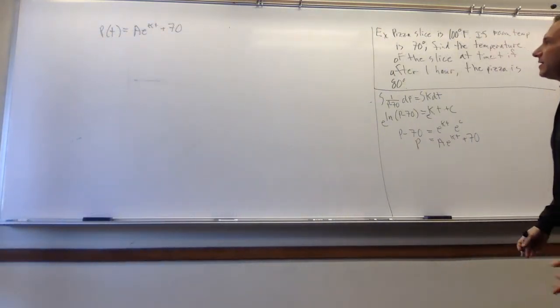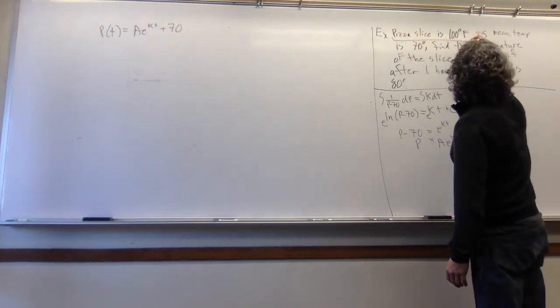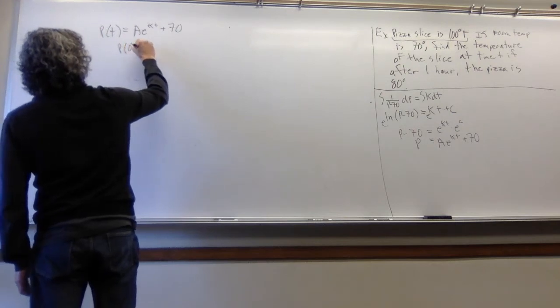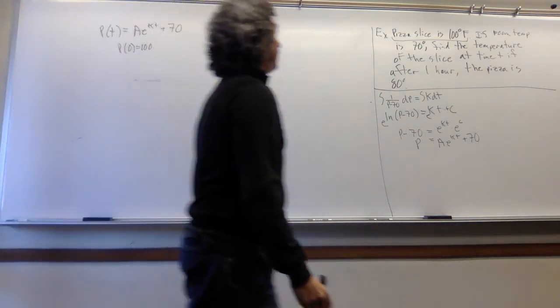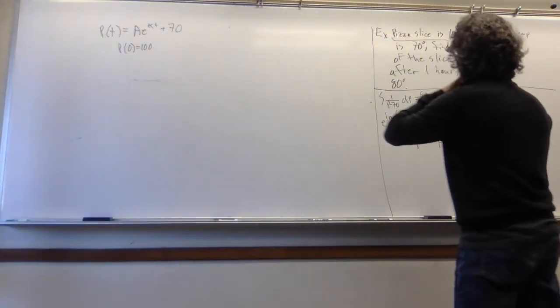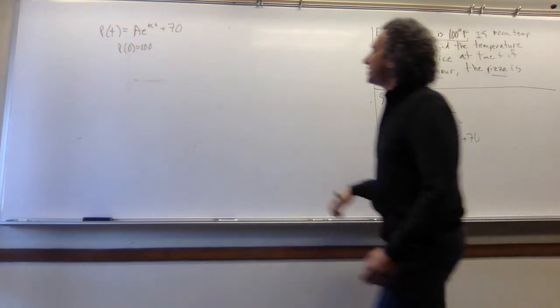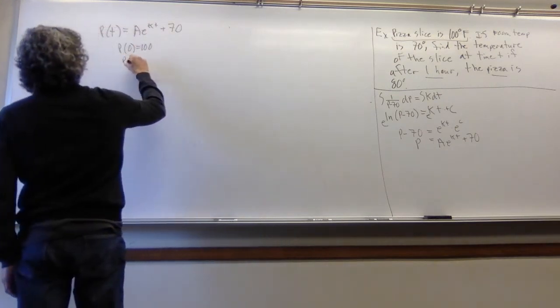Okay, so let's see what information we have. Well, the pizza slice is 100 degrees to start, so I guess p of 0 is 100. What else do I have? Room temperature is 70. I guess I used that in my model. After 1 hour, the pizza is 80 degrees. So I guess I know that p of 1 is 80.